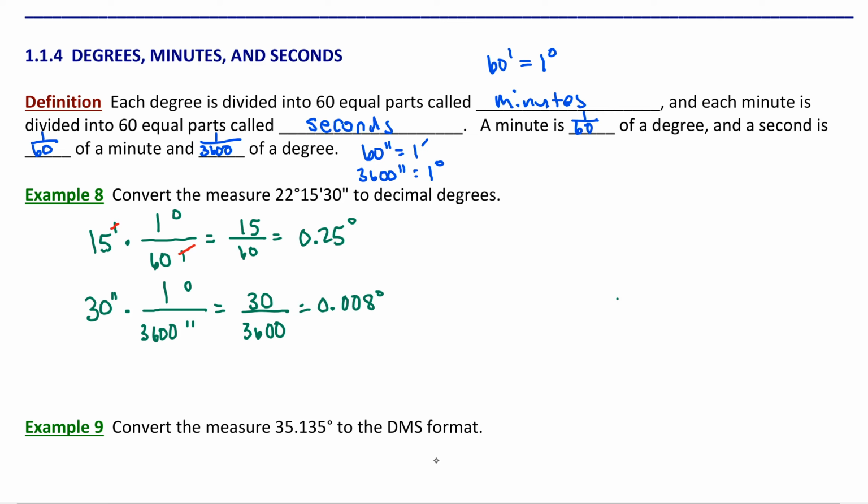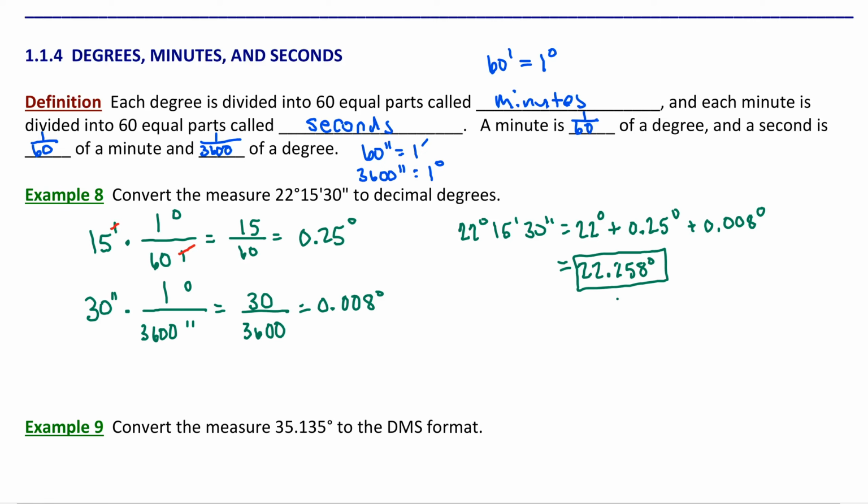Therefore, we can say 22 degrees, 15 minutes, and 30 seconds is equivalent to 22 degrees plus 0.25 degrees plus 0.008 degrees. Adding those up would give us 22.258 degrees. So our original degree, minutes, and seconds measurement has now been converted to decimal degrees.